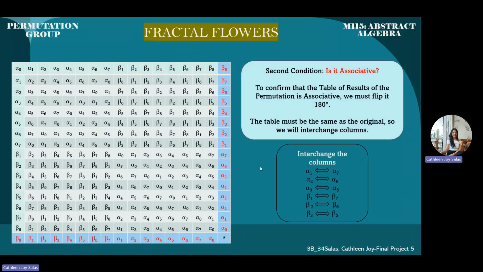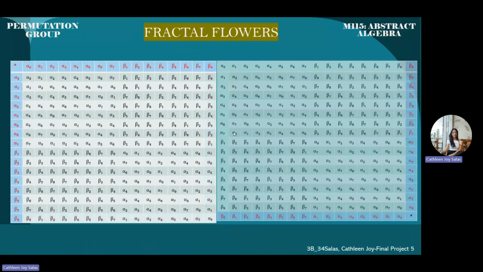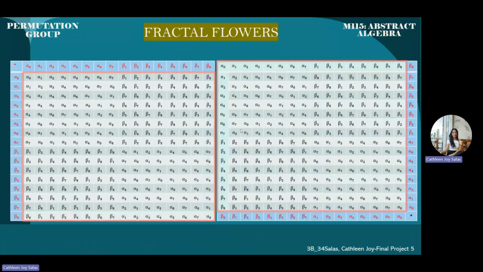So we will interchange the column alpha sub 1 and alpha sub 7, alpha sub 2 to alpha sub 6, alpha sub 3 to alpha sub 5, and beta sub 1 to beta sub 7, beta sub 3 to beta sub 5. So as we can see, the table is now the same as the original table.